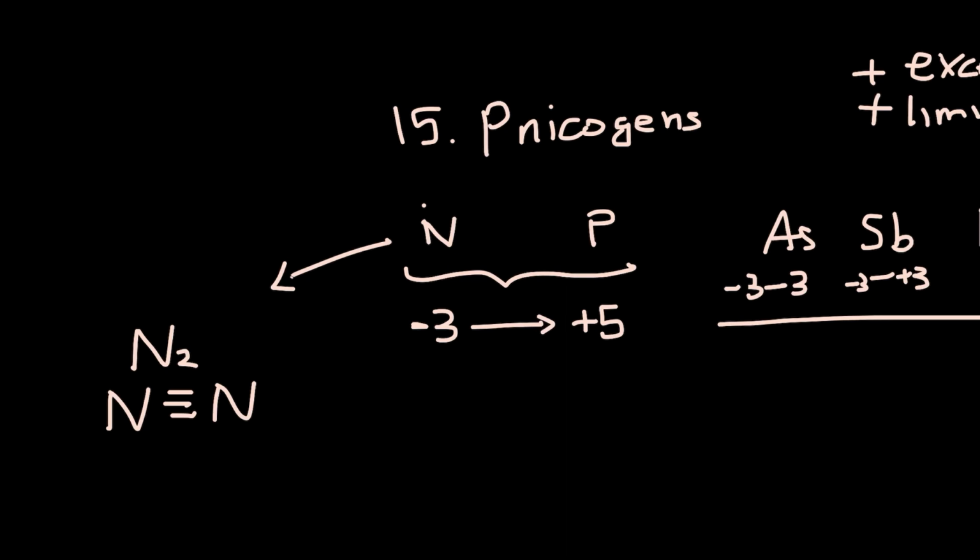Also, just a fun question here. Which one is more unreactive, N2 or P2? Well, actually, N2 is much more likely to be unreactive than P2, because according to the theory, triple bonds are made up of 2 pi bonds and 1 sigma bond.